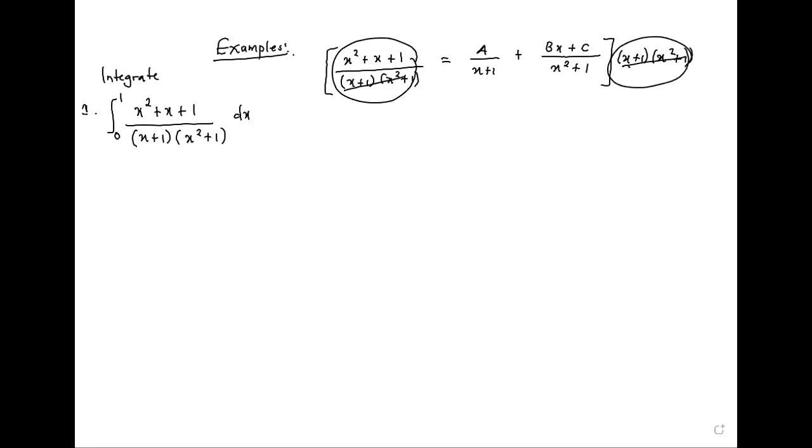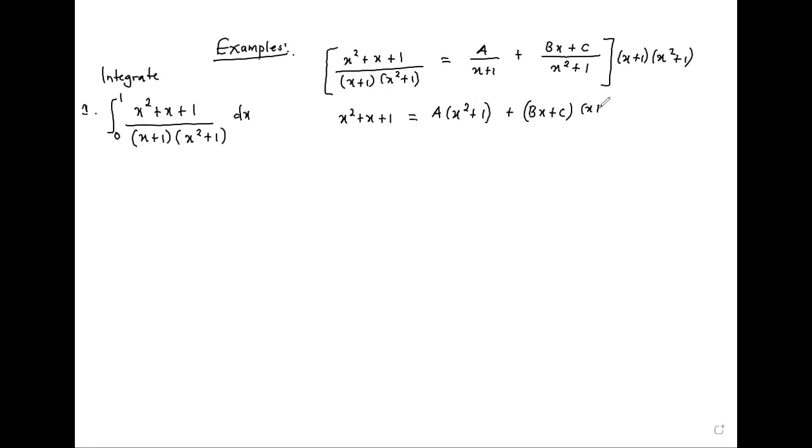So we'll have x squared plus x plus 1 is equal to A(x squared plus 1) plus (Bx plus C) multiplied by (x plus 1).